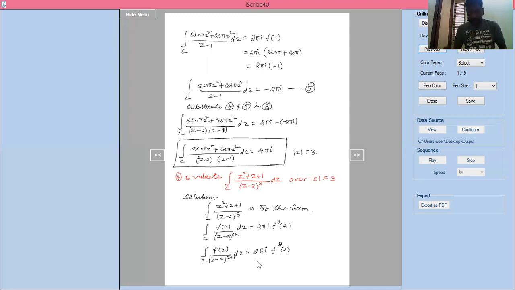Here also 2 pi i divided by n factorial. N factorial is nothing but here we'll get 2 factorial.